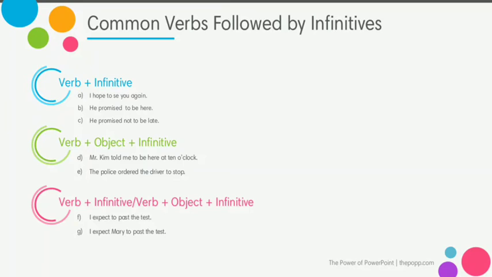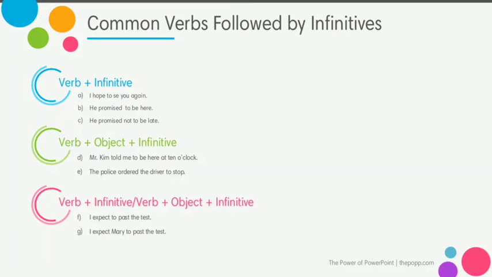Some verbs are followed by a pronoun object and then an infinitive, as in examples D and E. These verbs are followed immediately by an infinitive. So here are common verbs followed by pronouns and infinitives: tell someone to, advise someone to, encourage someone to, remind someone to, invite someone to, permit someone to, and so on.